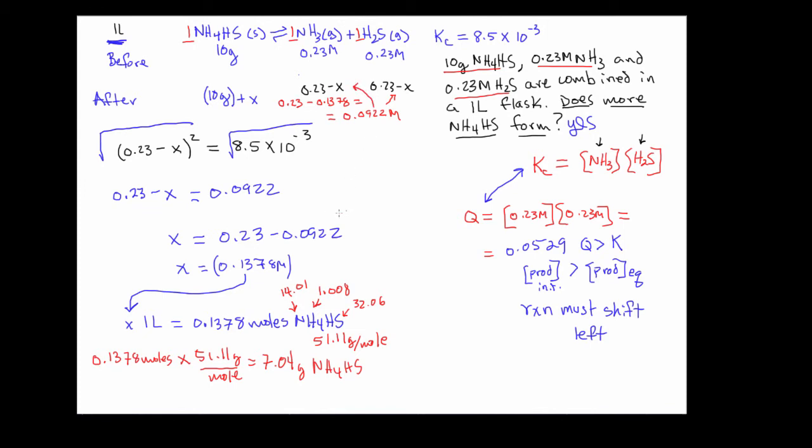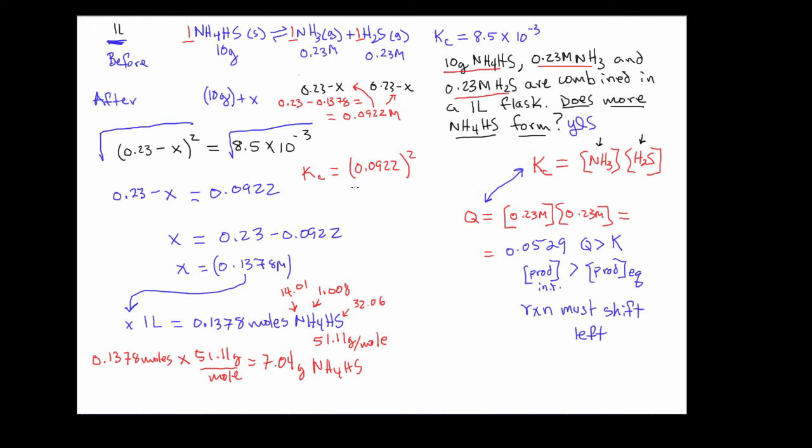Now, we can double check right now to be certain that the way I set this problem up was all done correctly. So what I'm going to do is recalculate my Kc using the equilibrium concentrations that we just calculated for the ammonia and for the H2S. So that's going to be 0.0922, and it will be quantity squared, since the equilibrium constant is the product of both values.